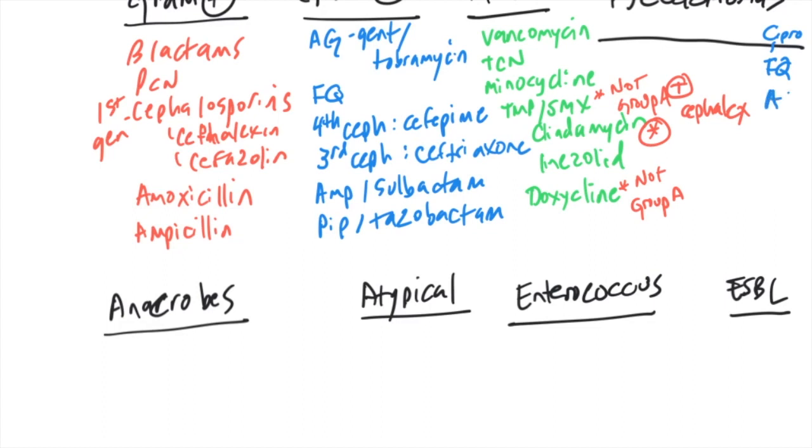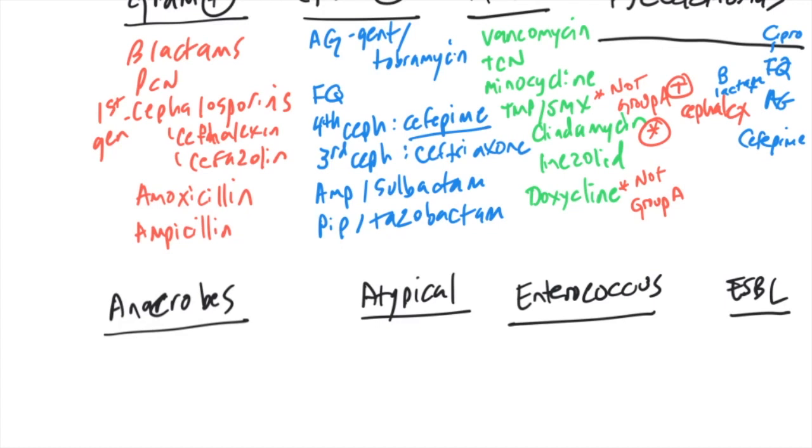You have aminoglycosides, again usually with a beta-lactam, would cover Pseudomonas. You have also cefepime here, which does specifically cover Pseudomonas, along with other gram negatives, which you'll see is in the gram negative column over here.